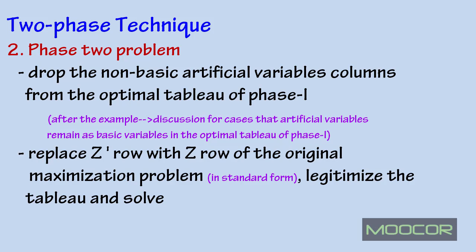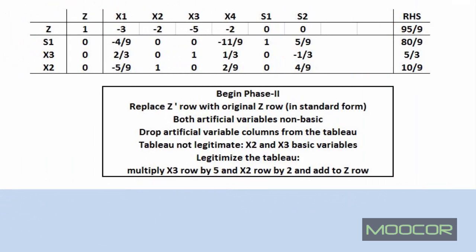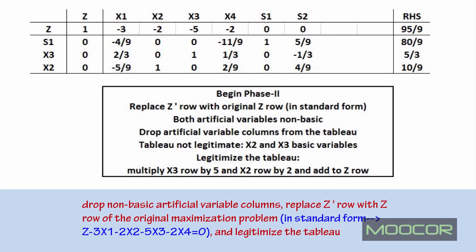Here I have taken the optimal tableau of phase 1. I have replaced the z prime row with the z row of the original problem. However, just looking at this, I realize that x2 and x3 as basic variables need to have 0 entry at the z row, and they do not.